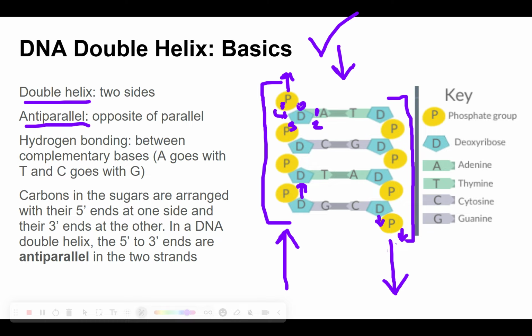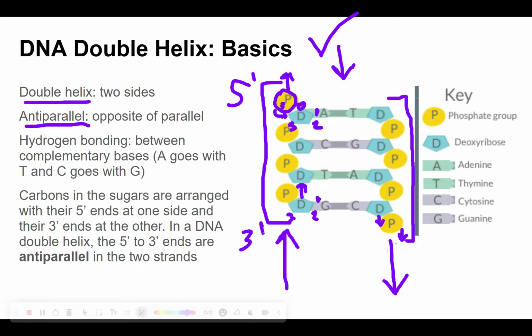The loose end that has a phosphate group on it is the 5' end of the molecule, because the phosphate group hangs off the 5th carbon. The loose end that does not have a phosphate group on it is called the 3' end, because this is the 3rd carbon, and that's the loose end here.